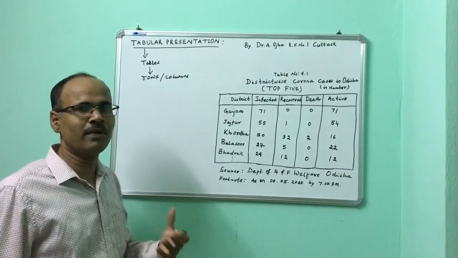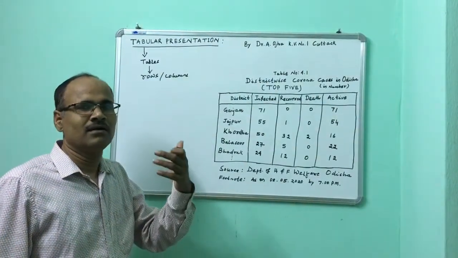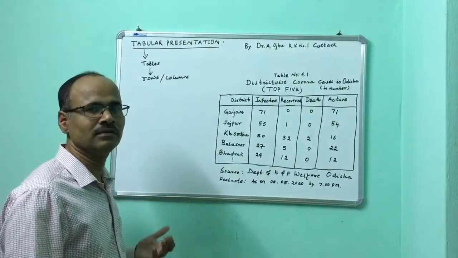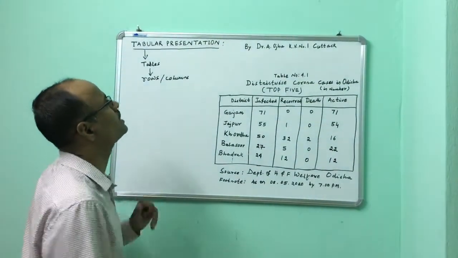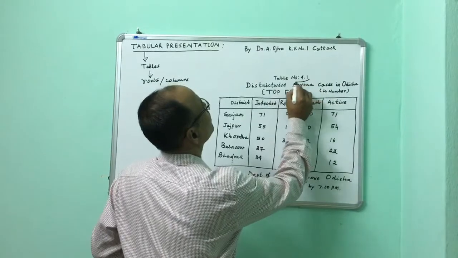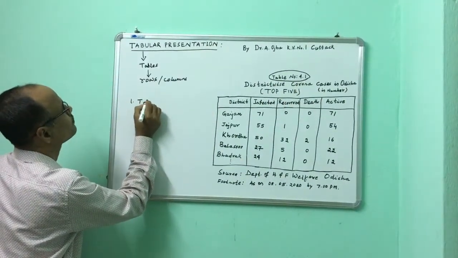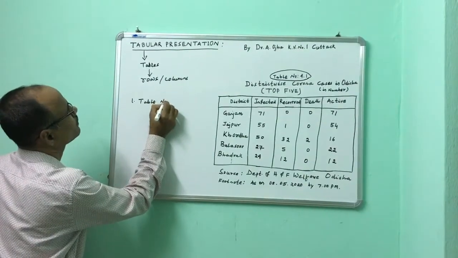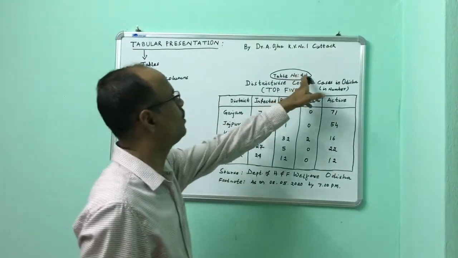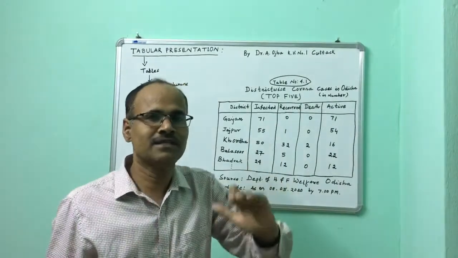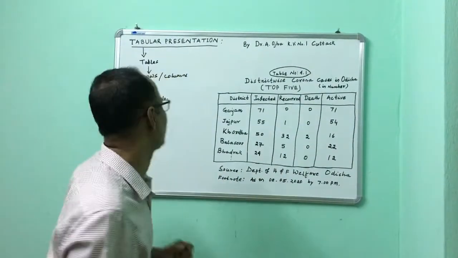The most important part is, what are the parts of a table? See here, first is table number. Here it is written as 4.1, where 4 means chapter 4 and table number 1.